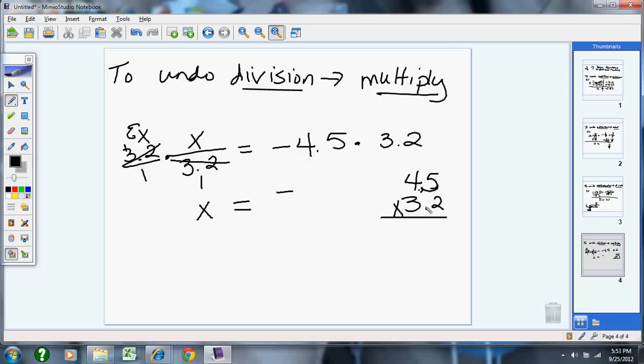There's one space and there's one, so 2 altogether, so I know I have 2 decimal places in my answer. 2 times 5 is 10, carry my 1, 8, 9, placeholder. 5 times 3 is 15, carry my 1, 12, 13, add it, 0, 4, 4, and 1. 2 spaces. Okay, so my answer, because I've already prepared that, is negative 14.40, or negative 14.4.